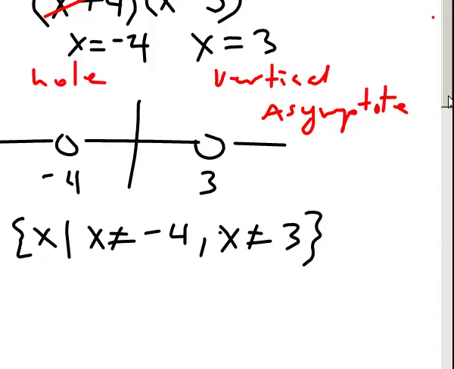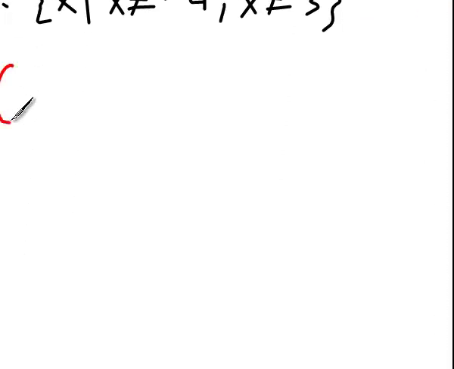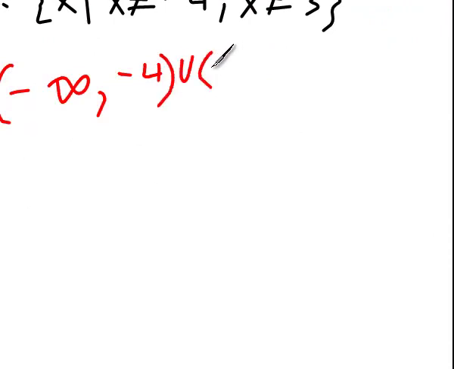So in interval notation, we would still write negative infinity to negative 4, negative 4 to 3, and 3 to infinity. We would still have to include those in our domain.